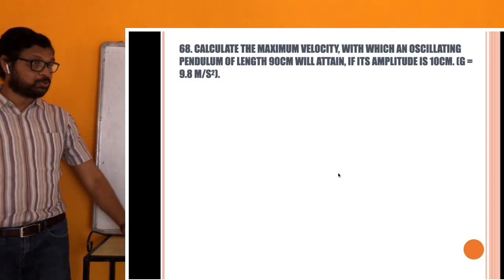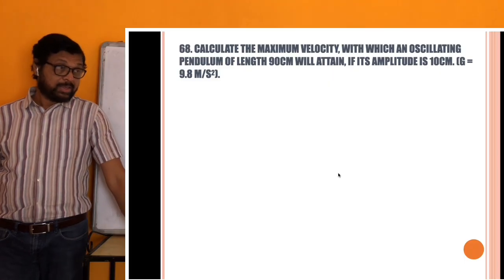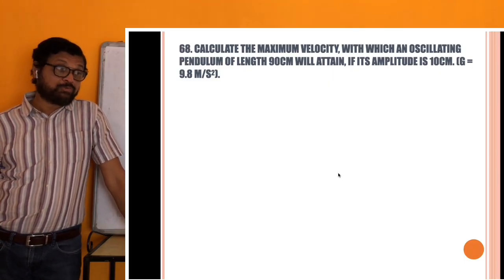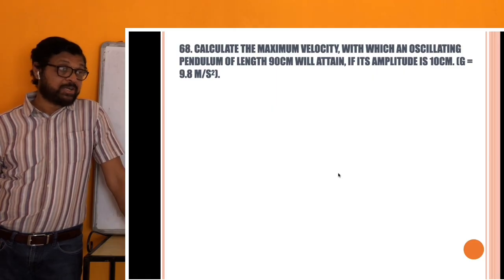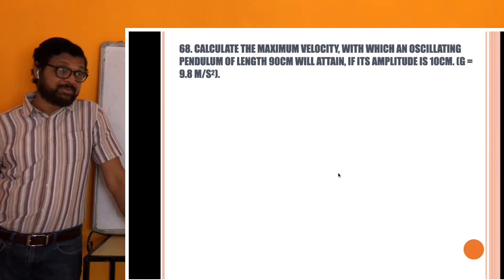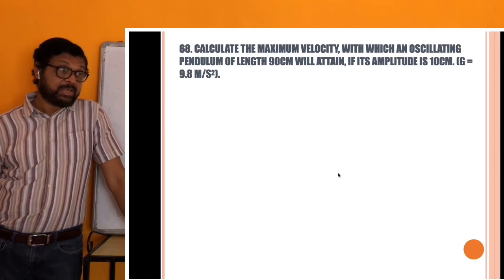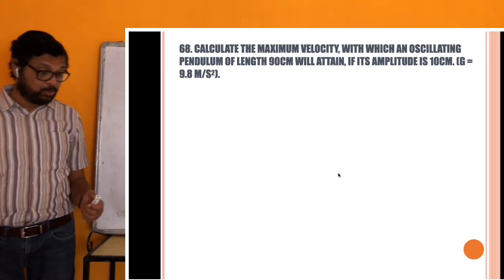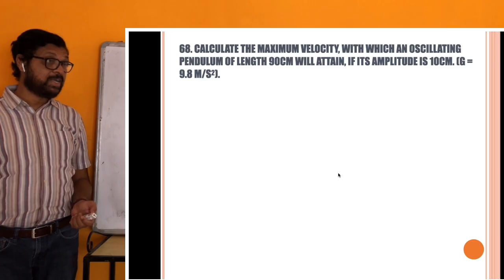Here is the first question. Calculate the maximum velocity with which an oscillating pendulum of length 90 centimeter will attain if its amplitude is 10 centimeter. So what does your data say?